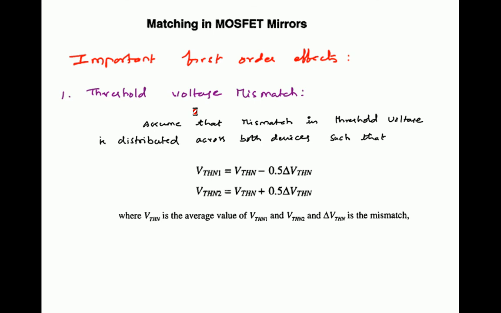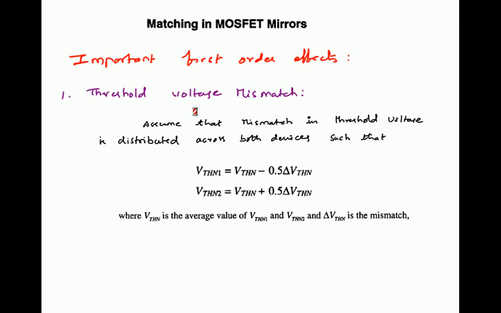Drain current equation: I out is equal to K into W by L into (VGS minus VT) whole square. If you consider channel length modulation, then I is equal to K into W by L into (VGS minus VT) whole square into (1 plus lambda VDS).